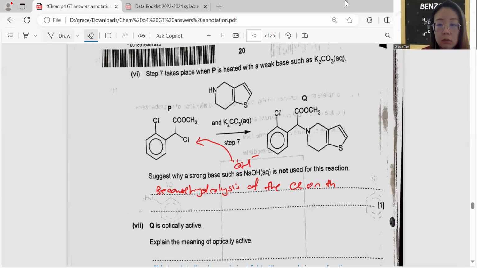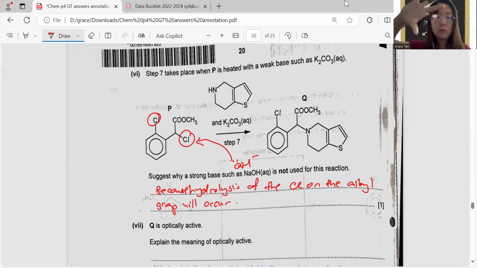On the alkyl. Because there are two Cl, this Cl and that Cl. The first Cl is an alkyl type of Cl, and the second one is an aromatic Cl. So just to be clear to the examiner, I will say that because hydrolysis of the chlorine on the alkyl group will occur, instead of the whole ring sitting on it.